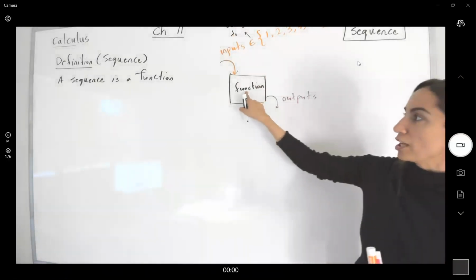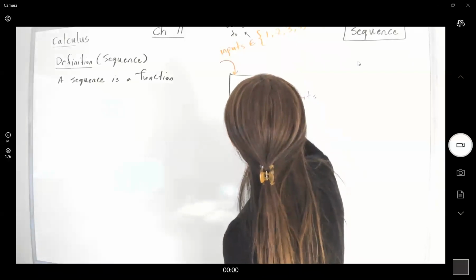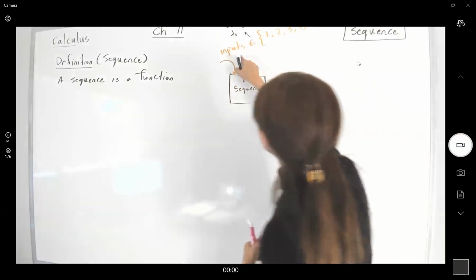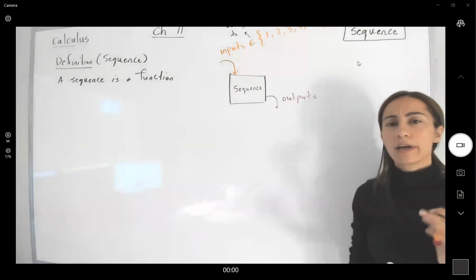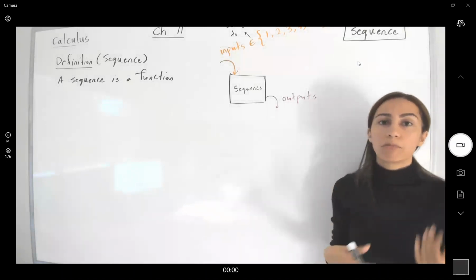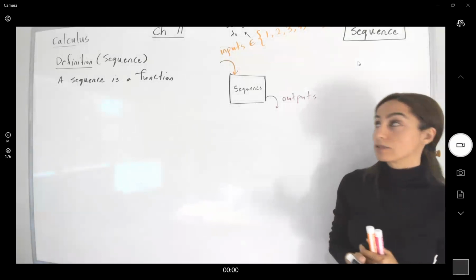So this function that we call a sequence takes natural numbers. Note that in some other books or in other examples, we might start from 0 as well, so we might take whole numbers as well.